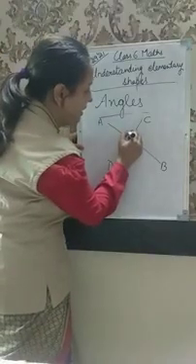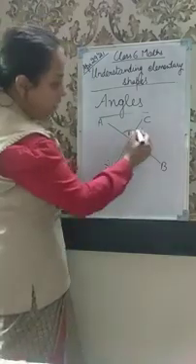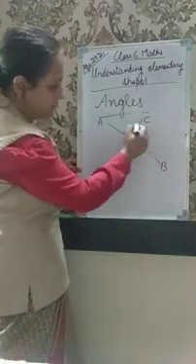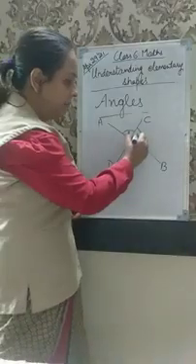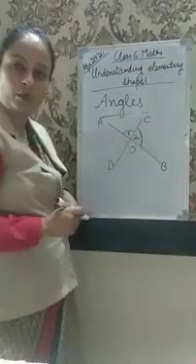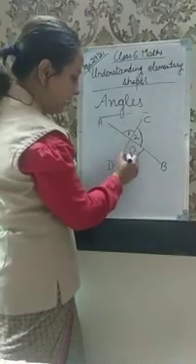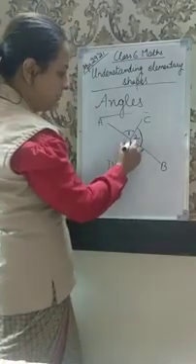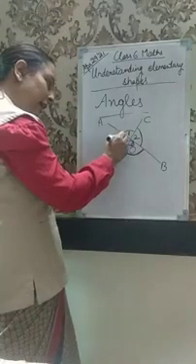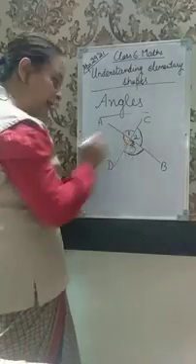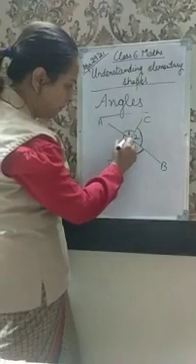Now see this one. Can you see this is also an angle getting formed? I'll name it as 2. This one is again an angle getting formed, I'll name it as 3. And finally, this is also an angle getting formed. I will name it as 4.